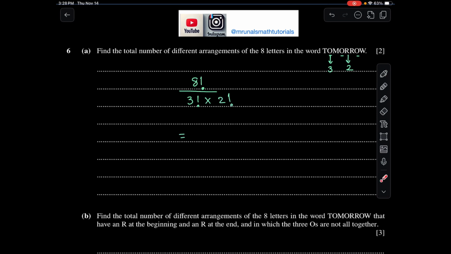3 for the O's that are repeating and 2 for the R's that are repeating. So what do we get? 8 factorial divided by 3 factorial times 2 factorial, we get 3360.